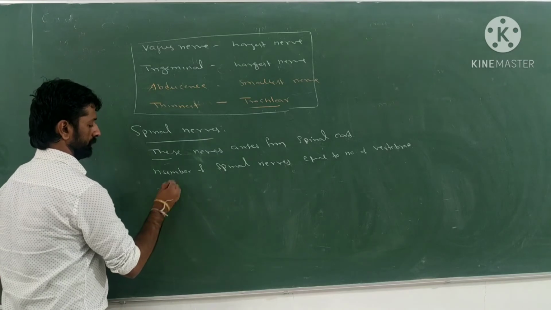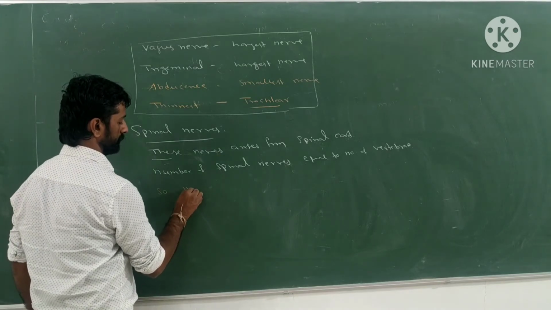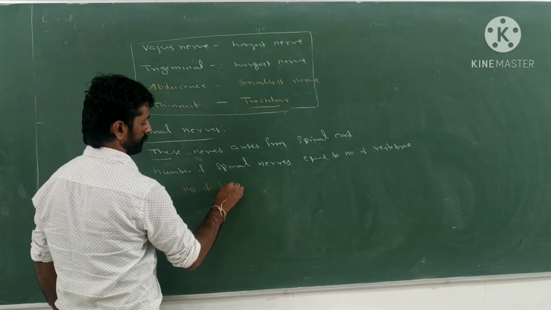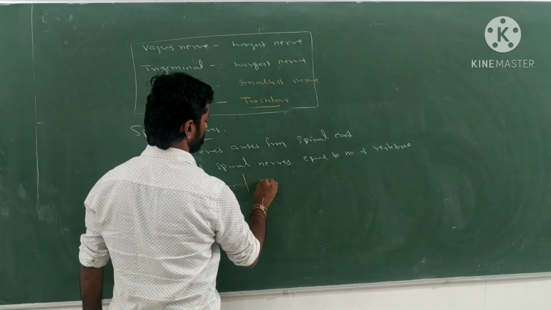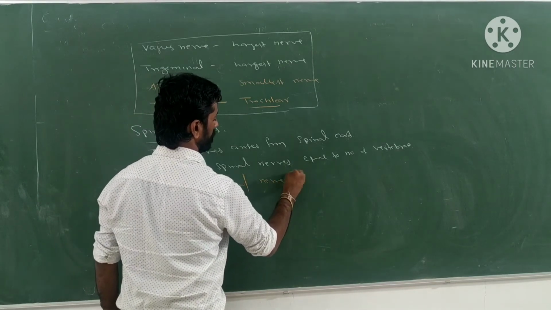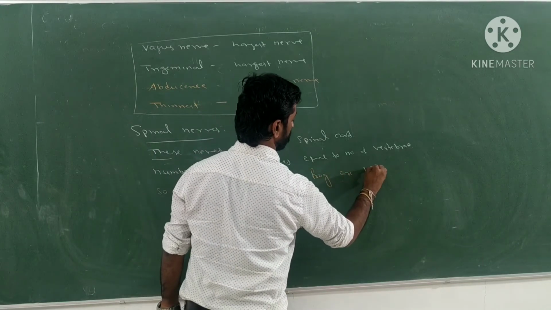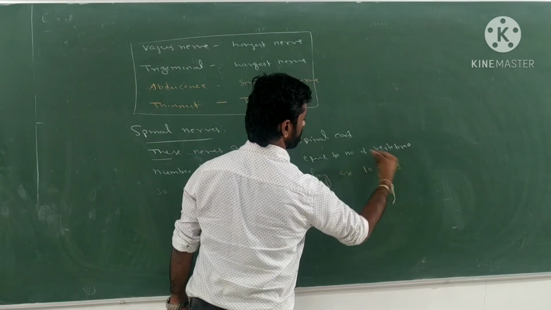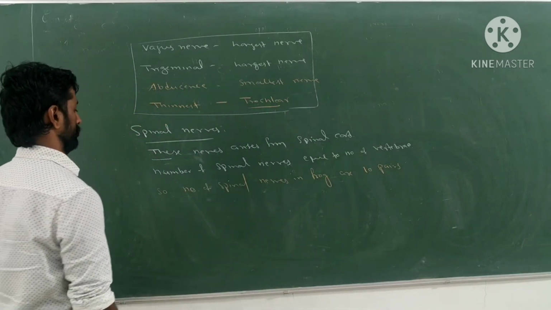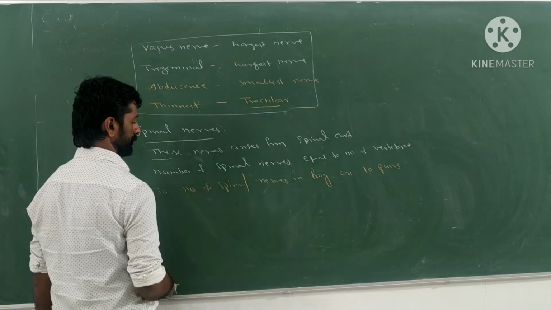So the number of spinal nerves in frog are 10 pairs. What about in case of human beings?